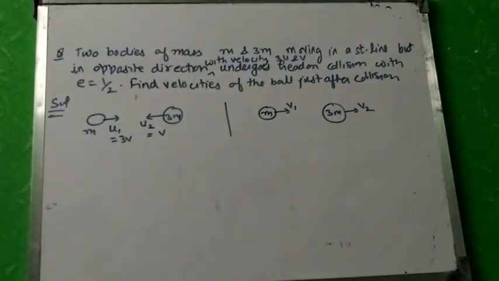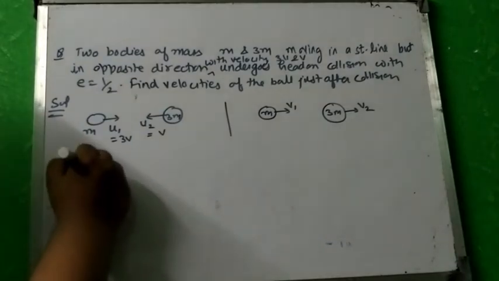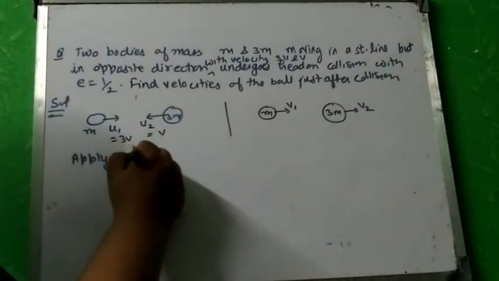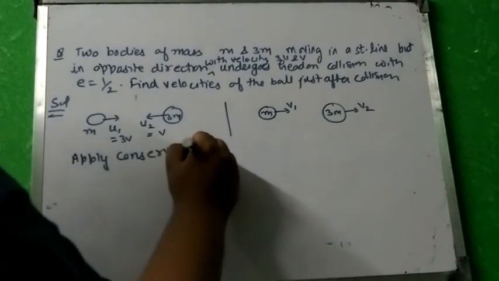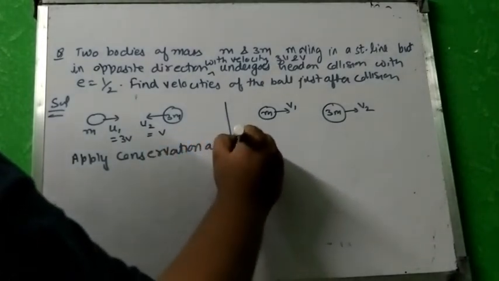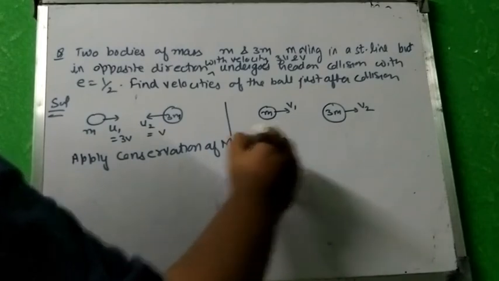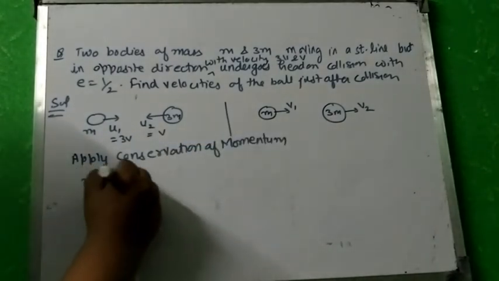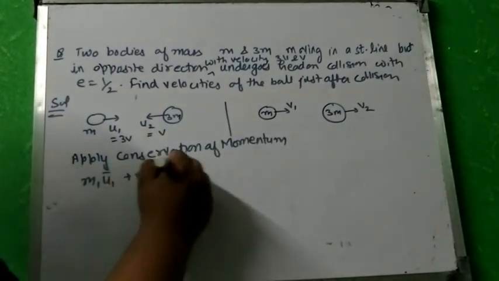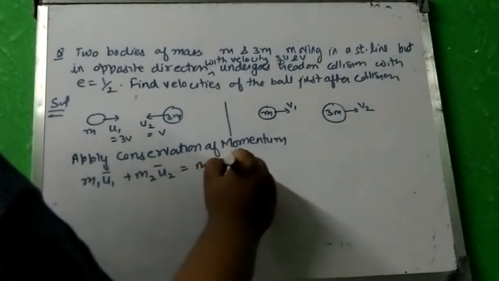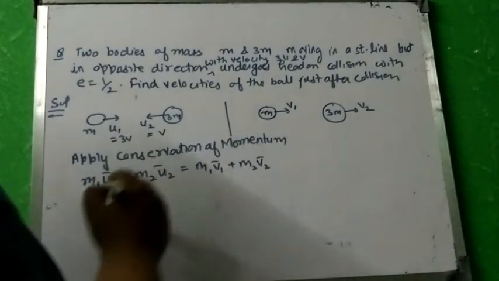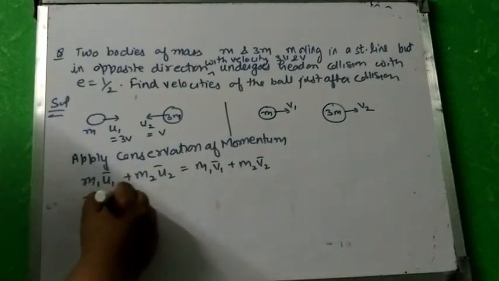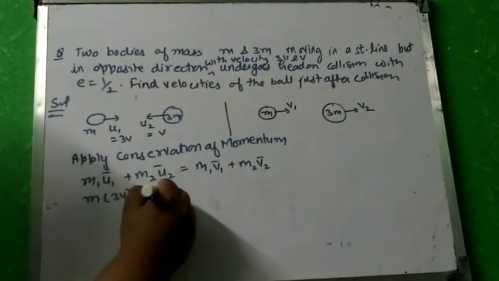अगर मेरा assumption गलत होगा तो v1 और v2 में से जो भी गलत होगा उसकी वैल्यू अपने आप नेगेटिव आ जाएगी. So बच्चे, apply conservation of momentum. m1 u1 plus m2 u2 is equal to m1 v1 plus m2 v2. m into 3v plus 3m into minus v.